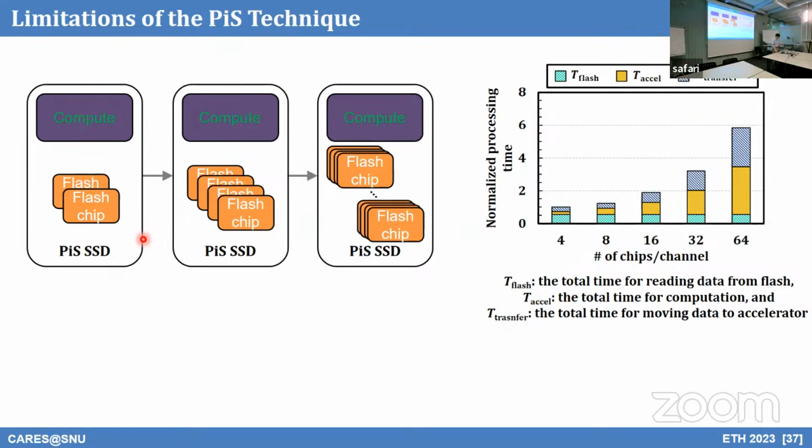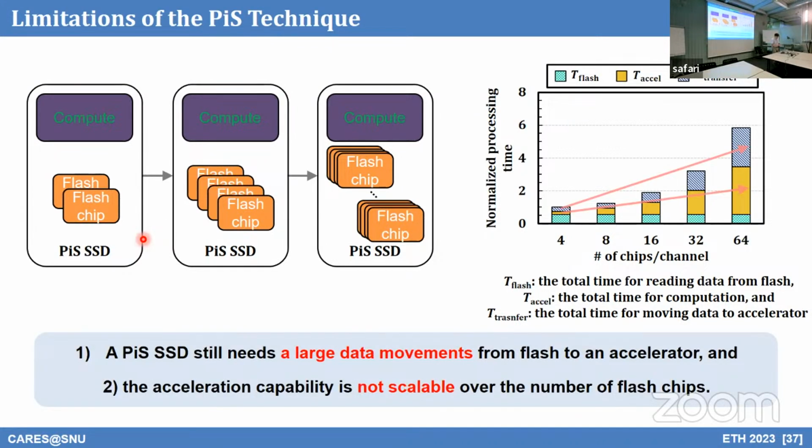Because here, the right-hand side graph shows that as the number of chips per channel increases, data transfer from chip to the accelerator becomes a bottleneck. So in order to solve this problem, we thought putting the accelerator inside the flash chip instead of inside the SSD controller will solve these two bottlenecks.